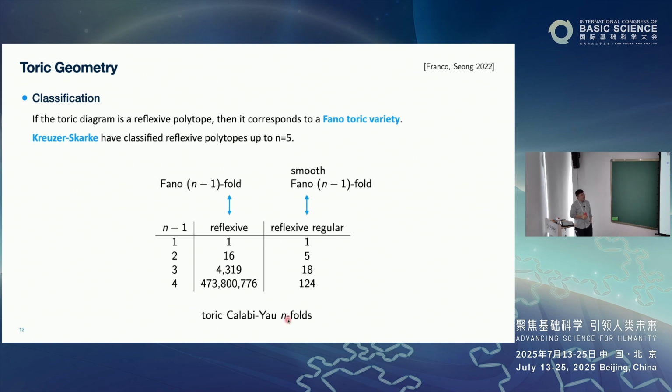So if I have a lattice in n-1 dimensions, they give me a Fano (n-1)-fold, and they are all related to toric; they form a subfamily of toric Calabi-Yau n-folds in general. So this is a very interesting family of toric Calabi-Yaus. Obviously, there are infinitely many toric Calabi-Yaus in general, but for reflexive or Fano varieties, which are toric, there are finitely many.